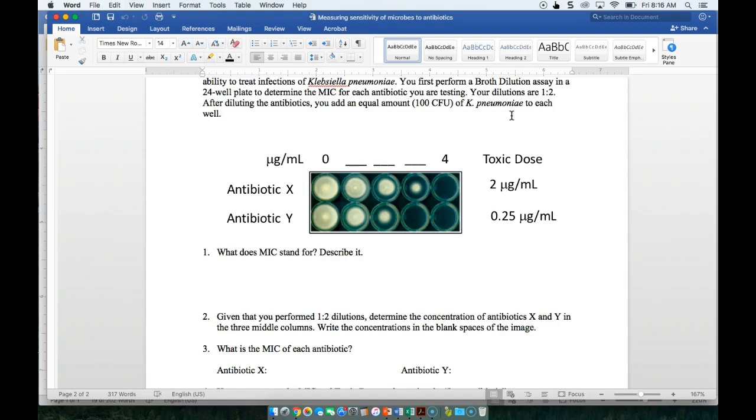What's the minimal bactericidal concentration? 4. It's the only one in which we don't observe growth. And again, this growth would be occurring in the absence of any sort of selection.